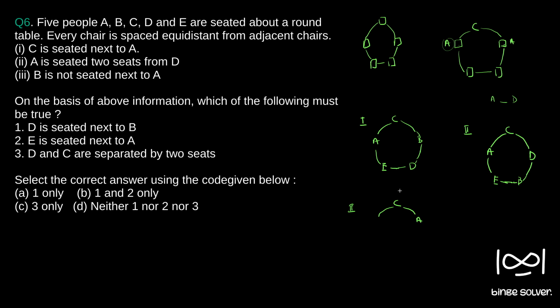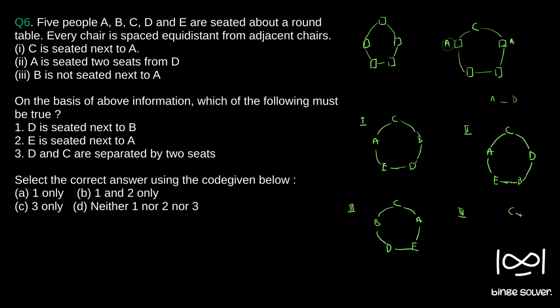We assume A is here. Then we just have to see which elements are connected to which. C is connected to B, so this becomes symmetric. A is connected to E, so we can write E here. B is connected to D. This is the third case. So this case is also possible with the given information, and the fourth case will be symmetric to this.